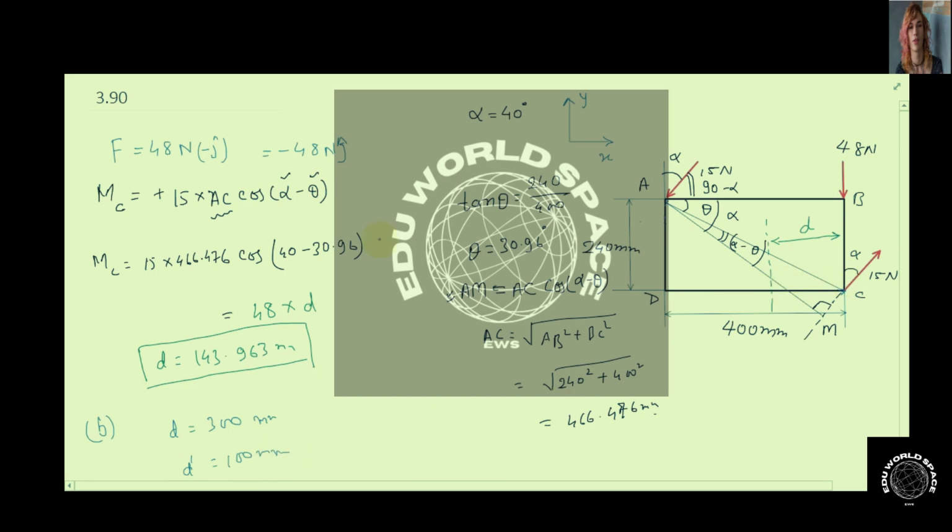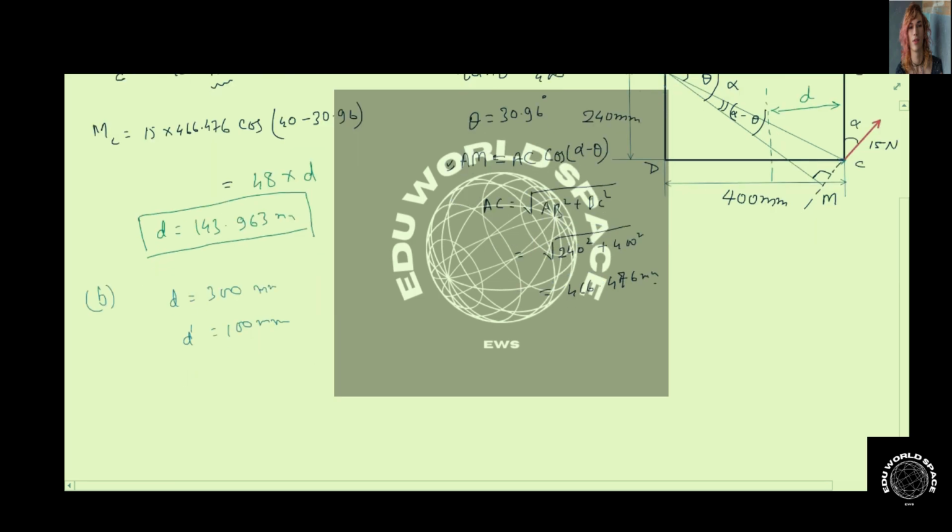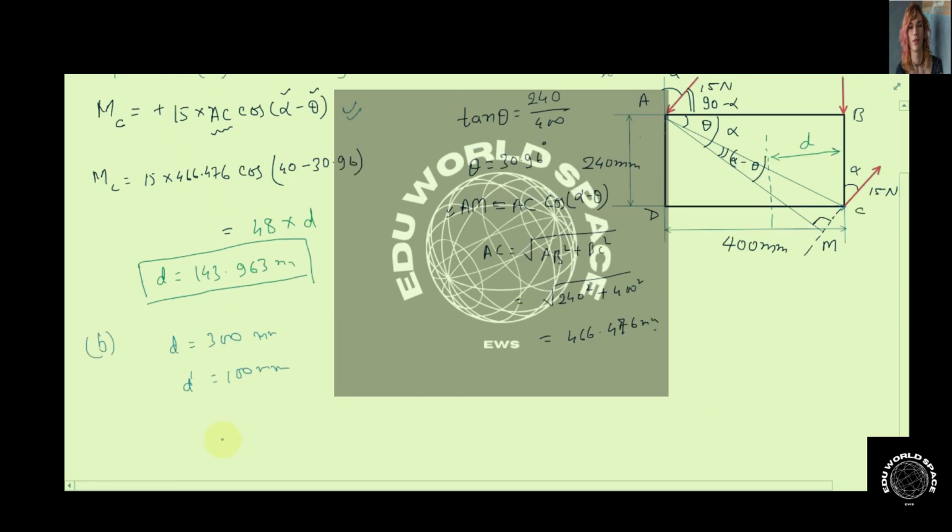Now we can use this relation again. What was the moment equation? We can write it here as moment about C, and that is equal to 15 multiplied by AC, and we have already calculated AC, which is fixed for the entire problem, 466.476 cos alpha minus theta. This time alpha is unknown, but theta is still known, that is 30.96, and that should be equal to the equivalent force, since the equivalent force is not going to change.